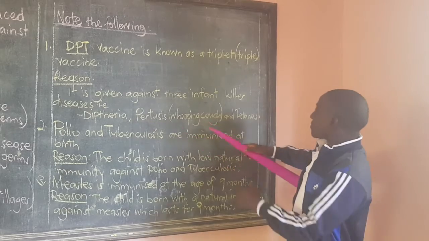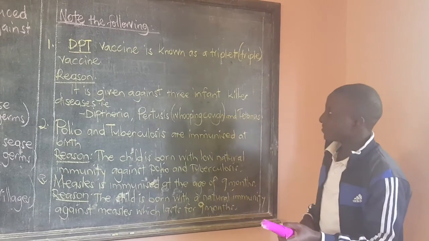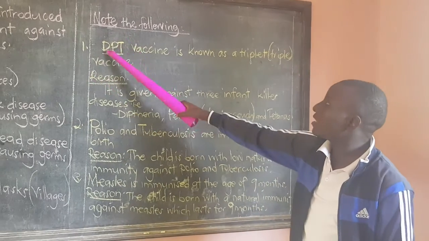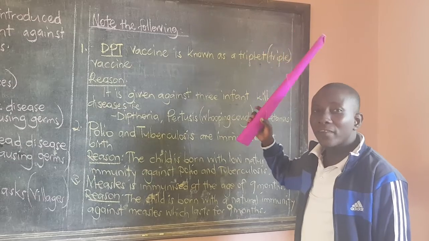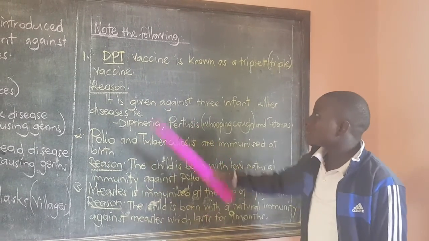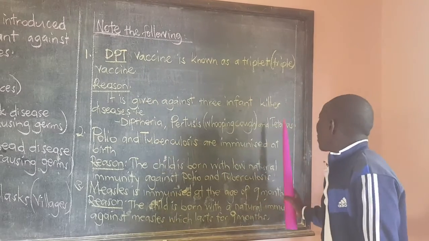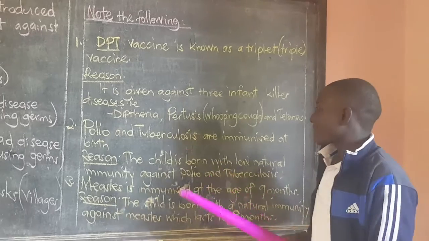Diphtheria, pertussis, and tetanus. Okay? That's why we have DPT. When you have to prevent children against diphtheria, they give DPT. Pertussis, still DPT vaccine. Tetanus, still DPT. Okay?